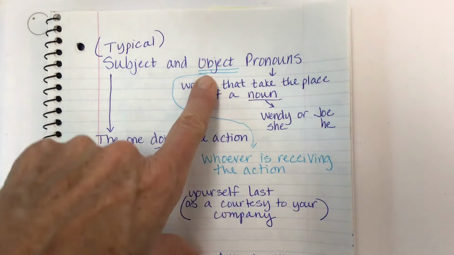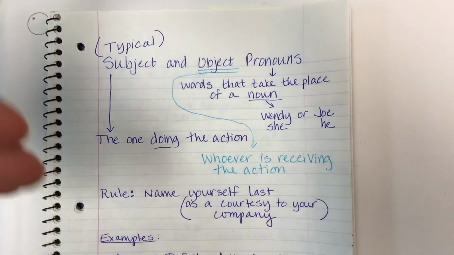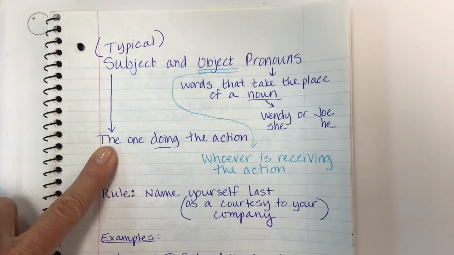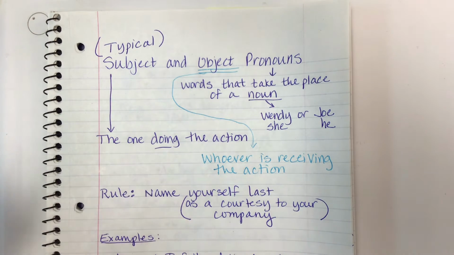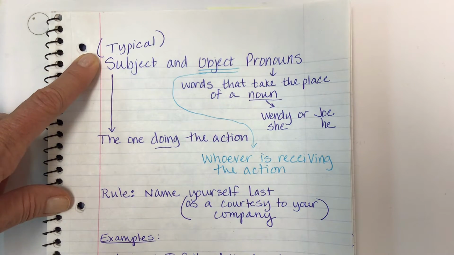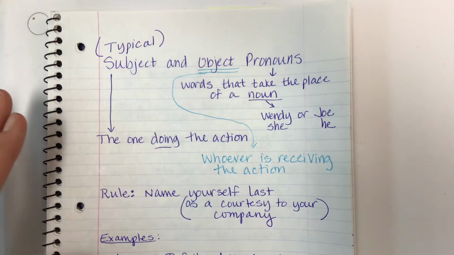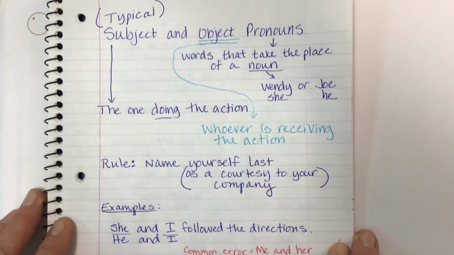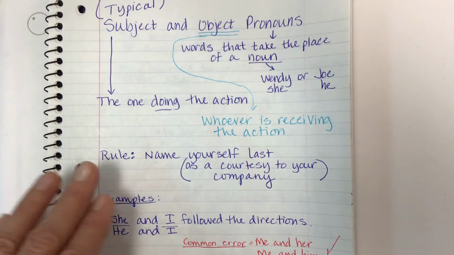So the object pronoun is going to be receiving the action of some sort. The one doing the action doesn't always have to come first in the sentence, but typically, we're just looking at typical sentences. Typically, the subject comes first and then someone or something receives the action.